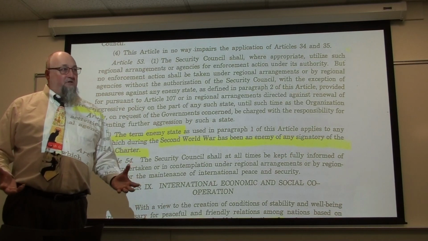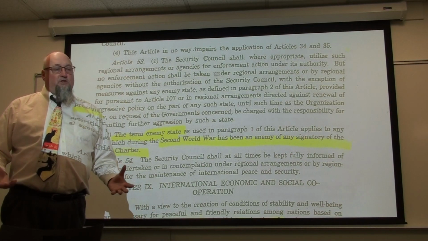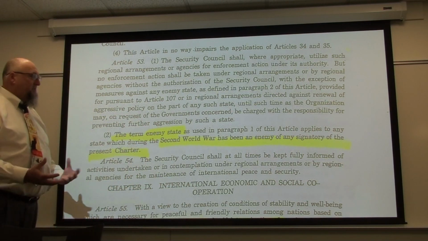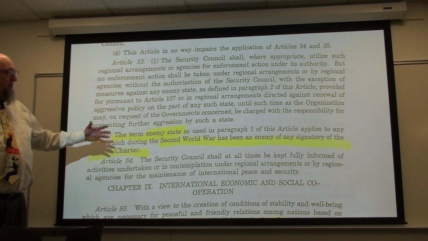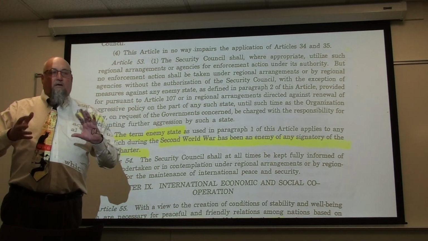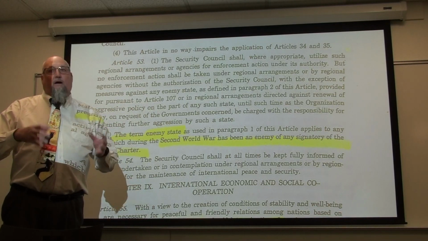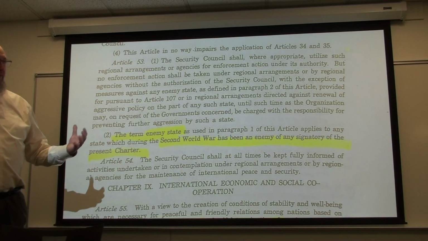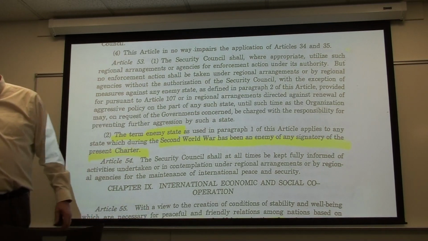Now obviously things have changed a lot since then. Germany and Japan are really allies more than anything, at least of the United States. And so a lot of that background is really somewhat moot or irrelevant now, but it's still kind of embedded in how the whole UN is structured.